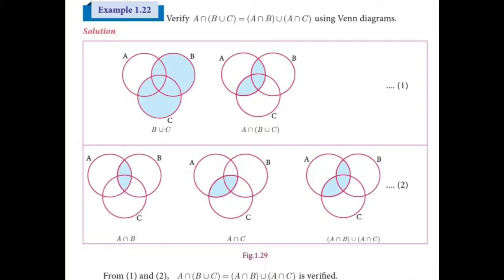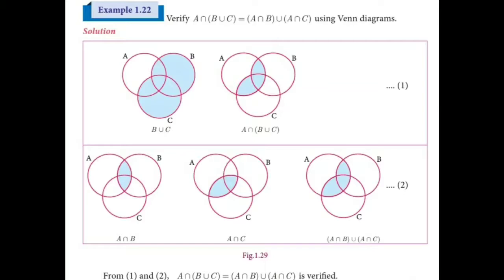Second, A intersection C means the common part of A and C, shown in the figure. Then next, (A intersection B) union (A intersection C) is the union of A intersection B and A intersection C, that is the second diagram.